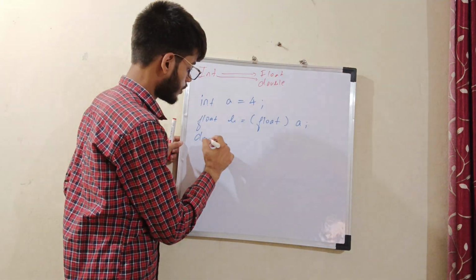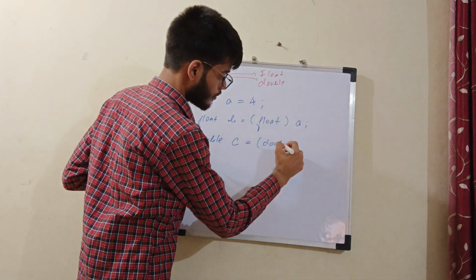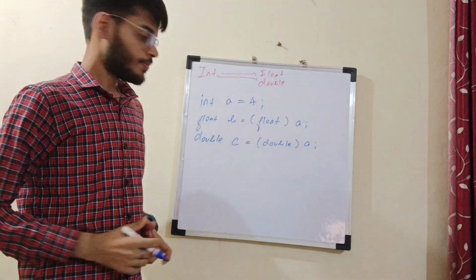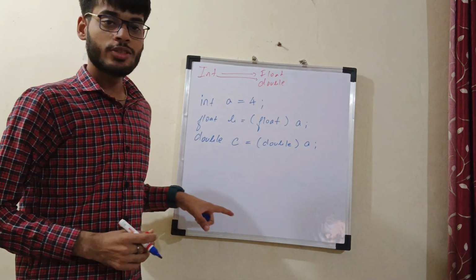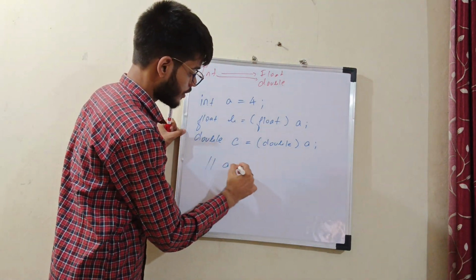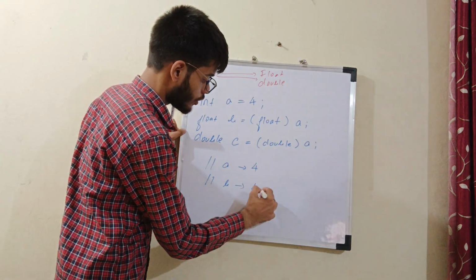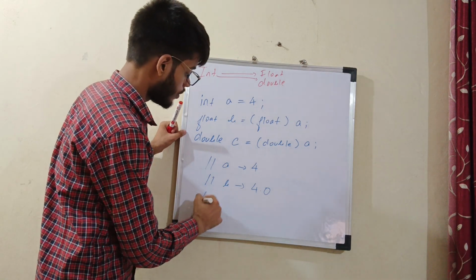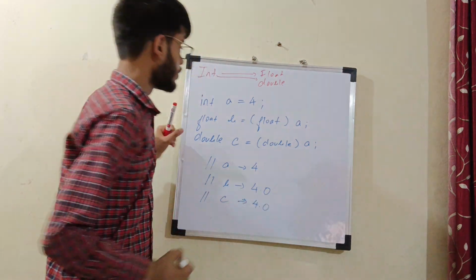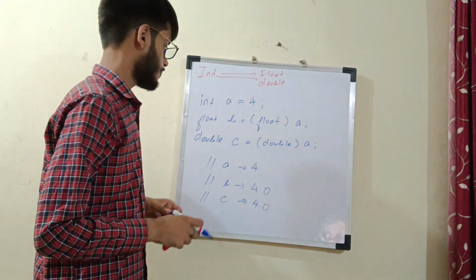The same goes with double: double c equals (double) a. You can print these values. The value for a will be 4, for b it is going to be 4.0, and for c it will again be 4.0. So this is the conversion of int to float or double.